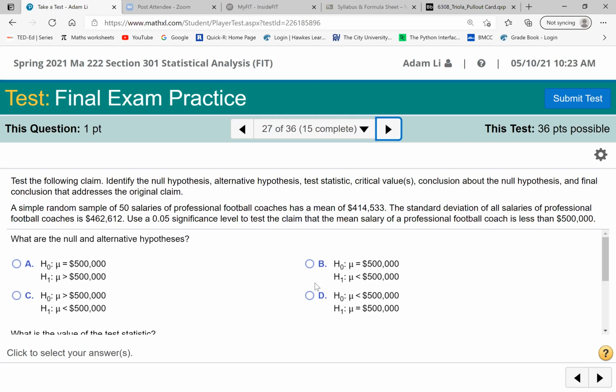B and C. Only B has an equal sign, so it has to be B. Remember, the null hypothesis must have an equal sign. So the null hypothesis is mu, the average salary for the entire population, equal to 500,000. Alternative hypothesis, the mean is less than 500,000.